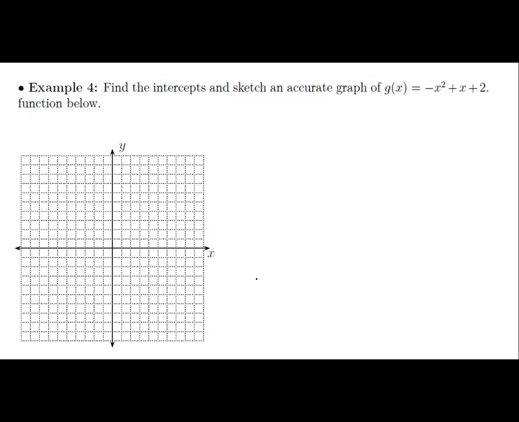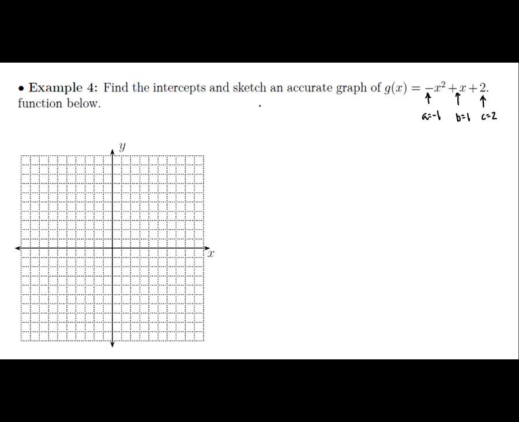Okay, so now let's put all this into practice with a function. So here I want to graph the function, and a part of accurately sketching the function is to have the vertex. But this time I'm not going to put it in vertex form. Okay, so what I'm going to realize is that my a is -1, my b equals 1, and my c is equal to 2.